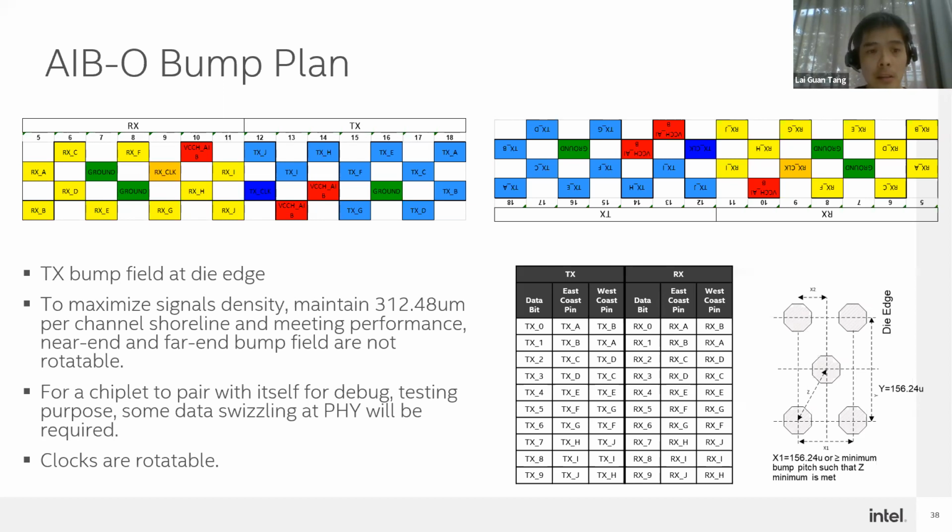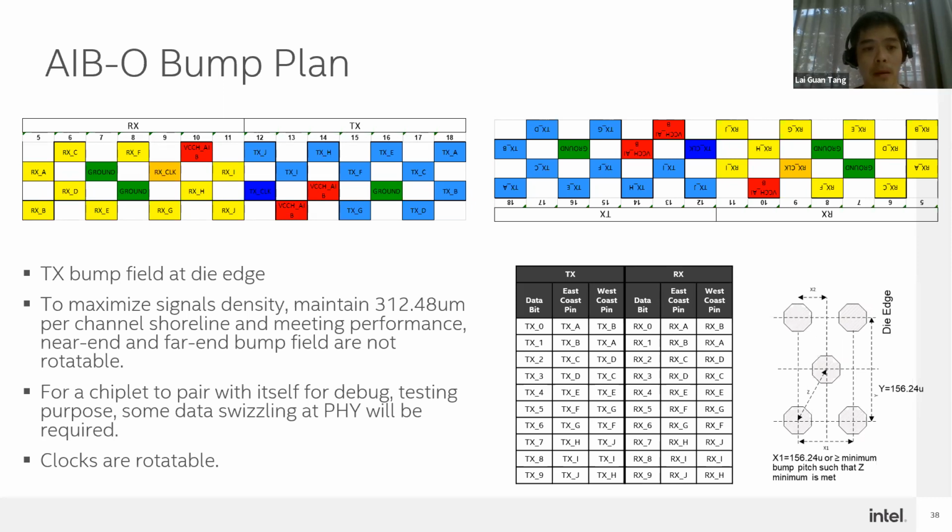In order for us to maximize the signal density, still maintain the per channel shoreline, as well as meet the performance, the near end and far end bump fields are not made to be rotatable. We made some adjustments to the bump field in order to maximize the package routing. In the next slide, I will show some diagrams showing how we managed to do different types of package routing to meet the signal densities.